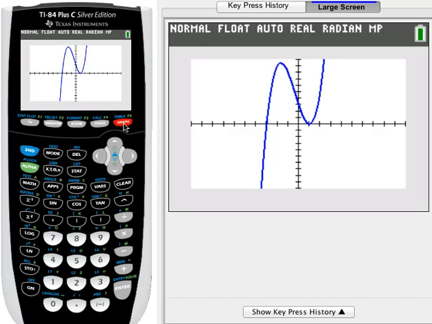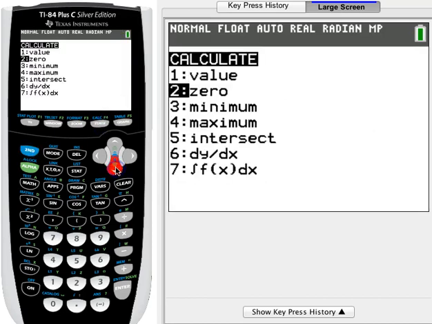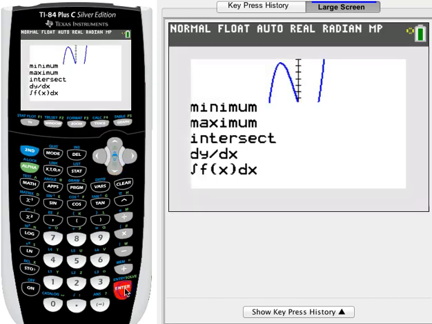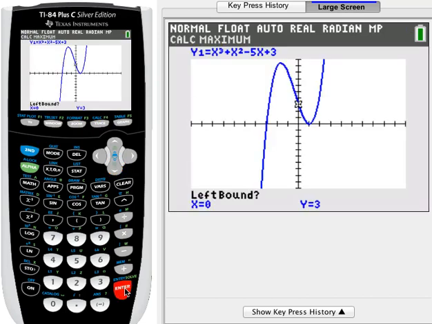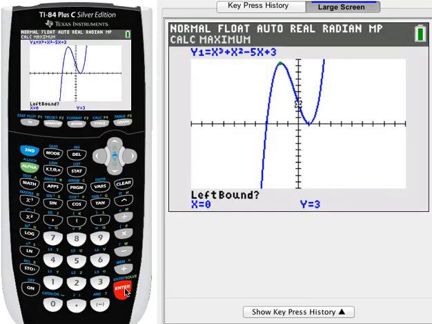Now, we can use the calculator to find how high and low those arches go, because remember, the calculator can find the relative maxes and mins for us. So, to do that, I'm going to go into the calc feature. I'm going to do the maximum first, because I want to know how high that is going. Remember, it's telling you left bound.